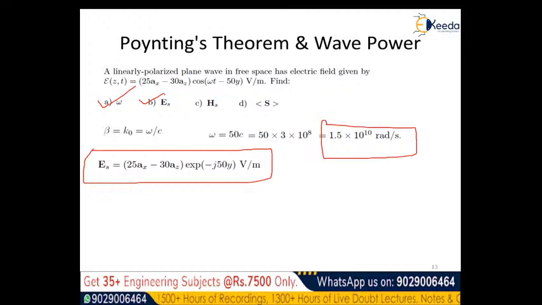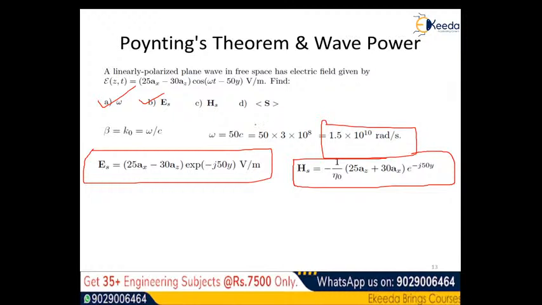Considering this understanding, we write the expression for HS, which is equal to minus 1 upon eta 0 multiplied by the bracket 25 az plus 30 ax multiplied by e to the power minus j 50y. So here is the answer I outline for part C.